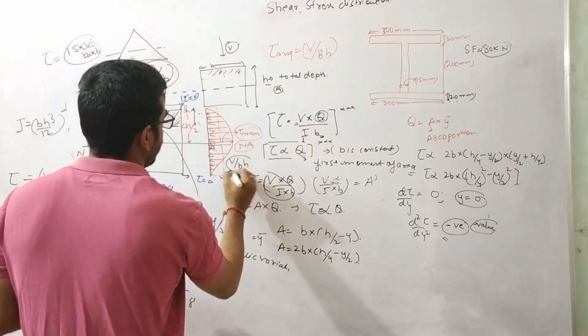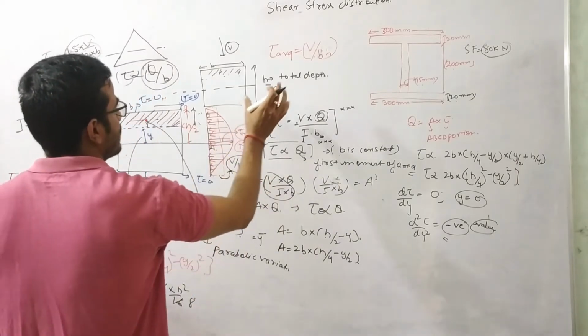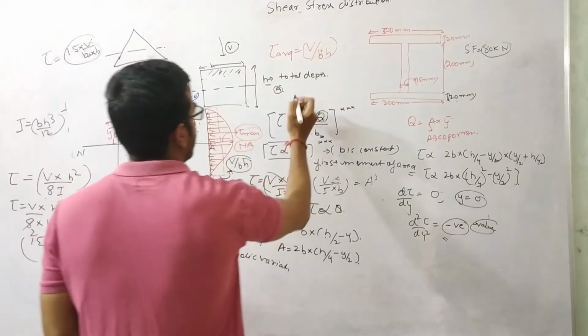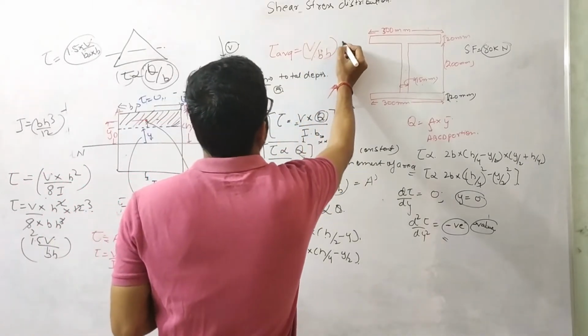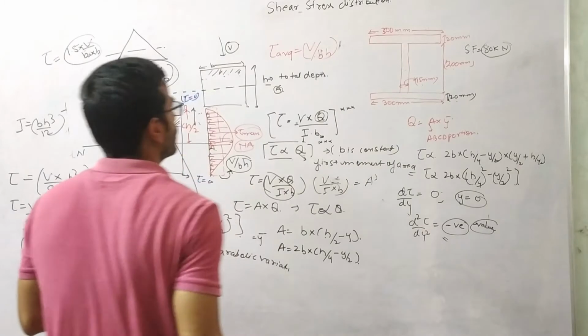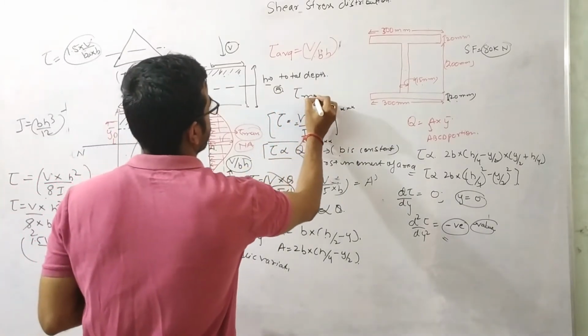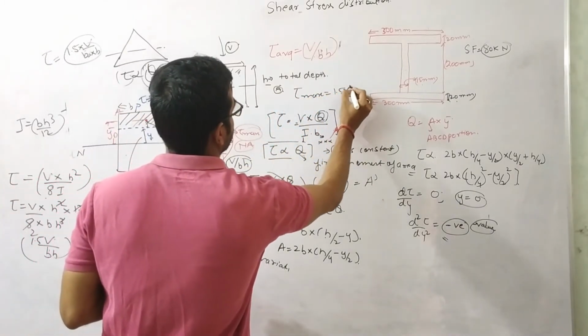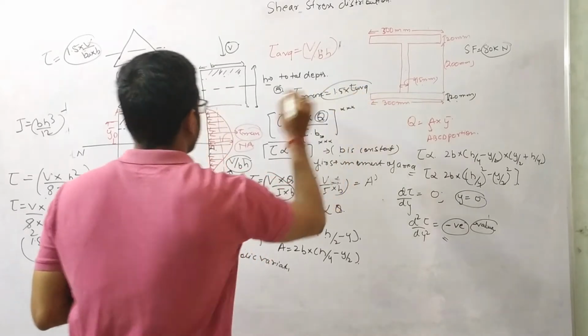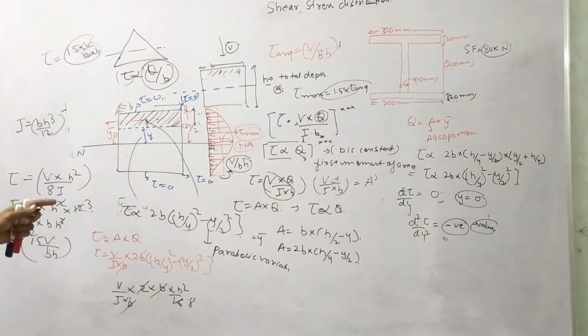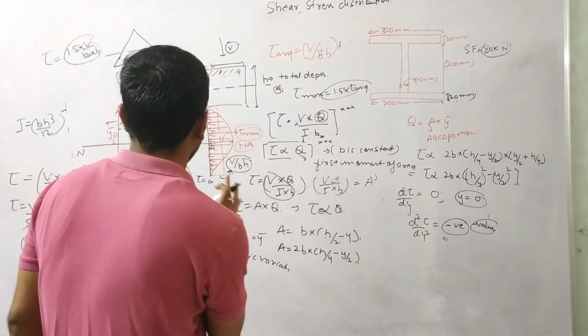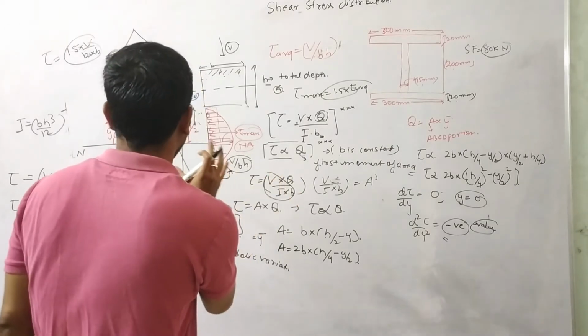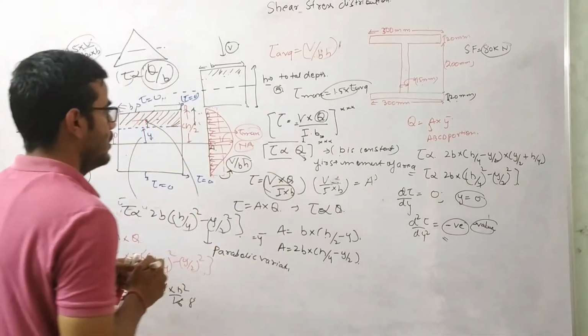So V by bh is tau average, and our tau max is 1.5 times tau average. This is the way we derive the variation of the shear stress distribution over the cross section.